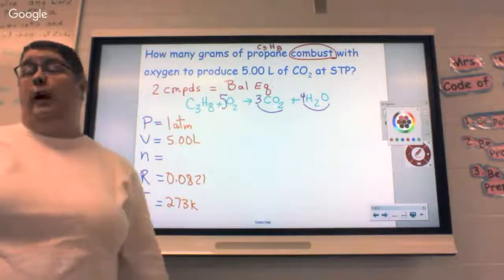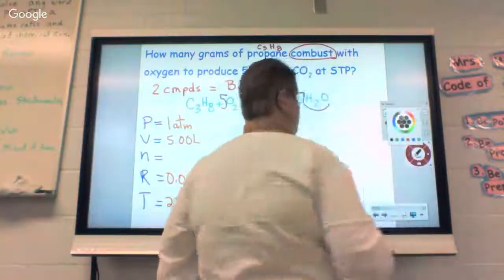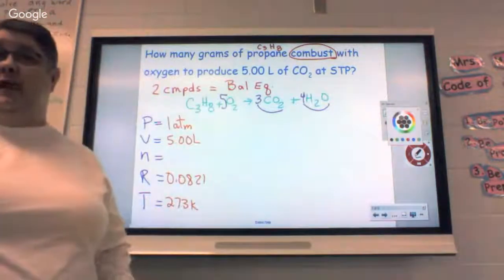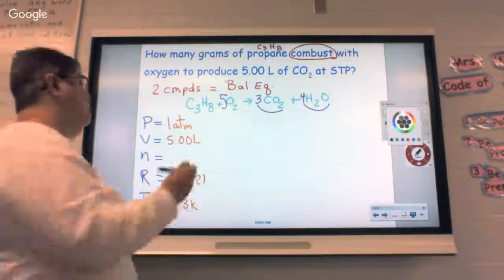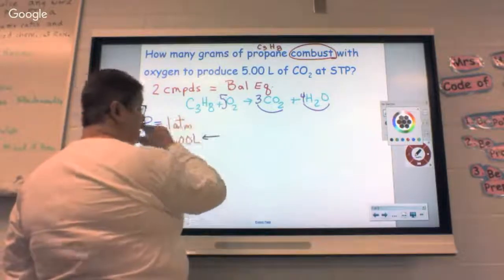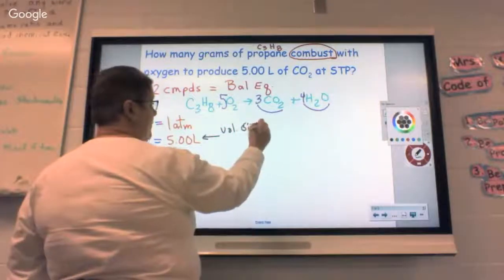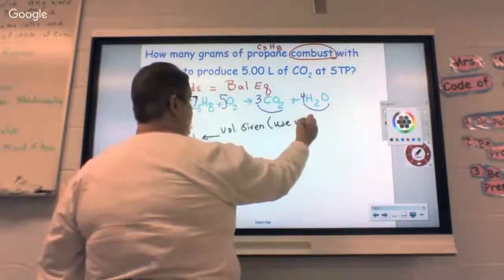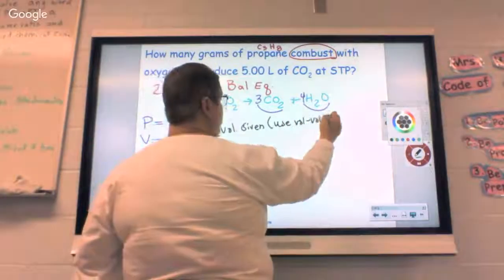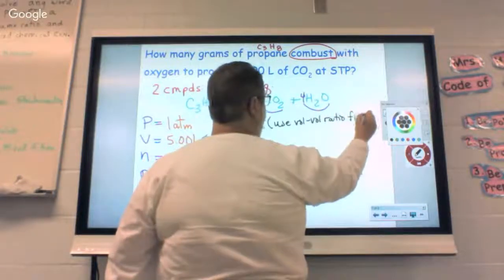You can do it 2 ways. I told you, since this is gas law stoichiometry, I was going to do this with the volume-volume ratio. Since volume is given, I'm going to use a volume ratio first.